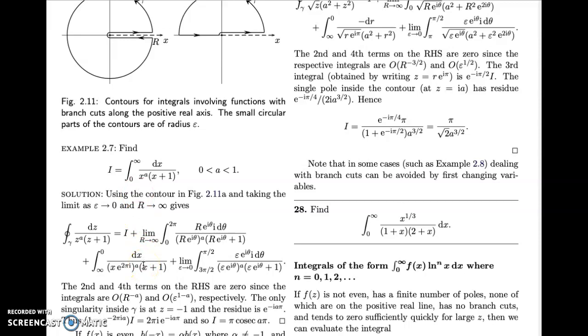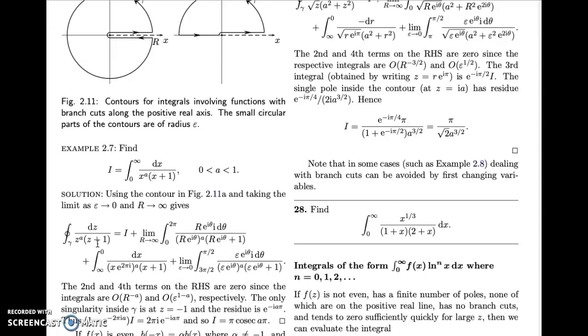So we have to be careful to get the signs right. We put a minus sign and swap the limits, and we've got an e to the minus 2 pi i a outside. So we end up with this thing equal to 2 pi i times the sum of the residues of this. Obviously this only has one pole, one singularity, which is that z equals -1.